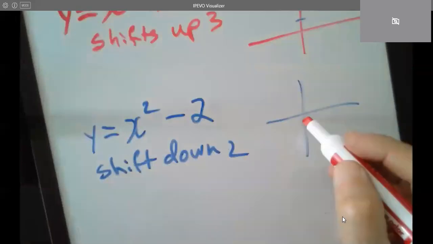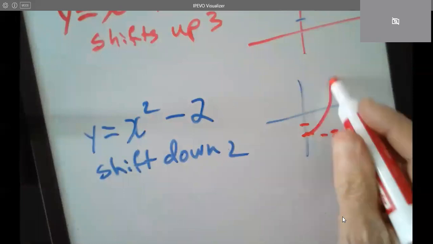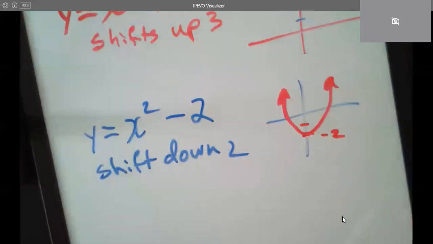So this vertex is at 0, -2. And now that's what that graph looks like. Okay. So transformations are a really good way to graph different types of graphs very quickly.